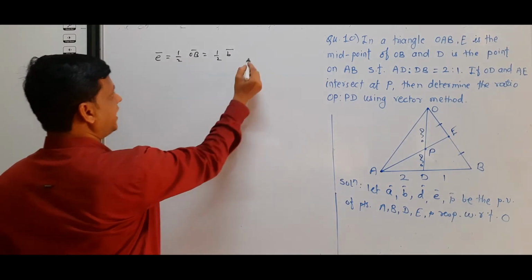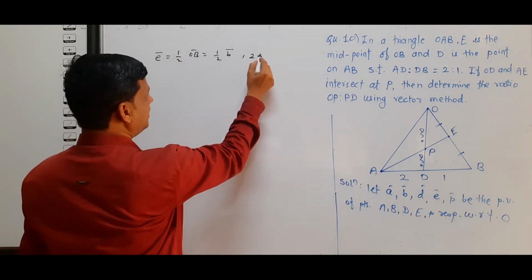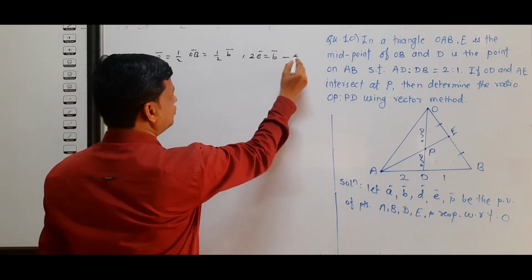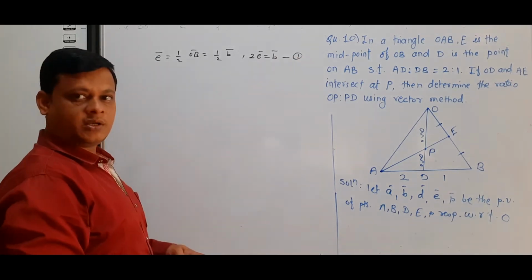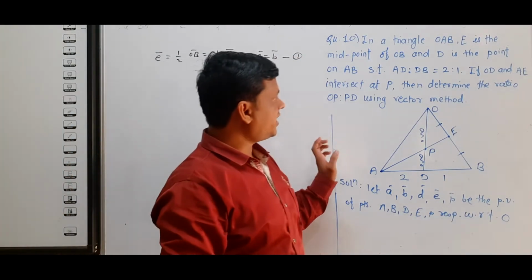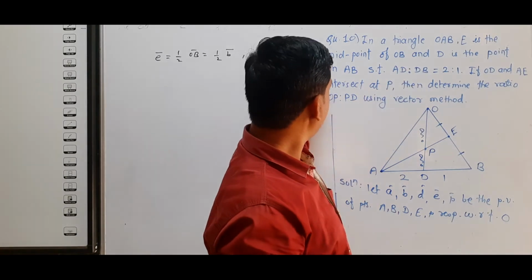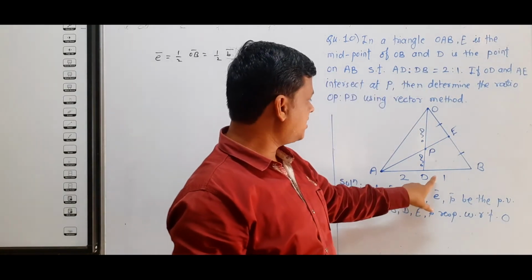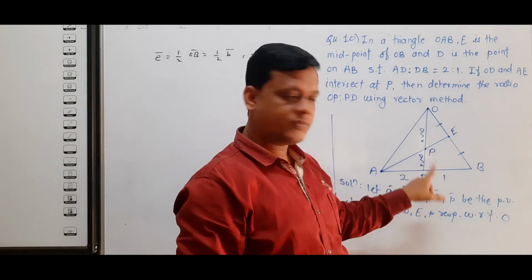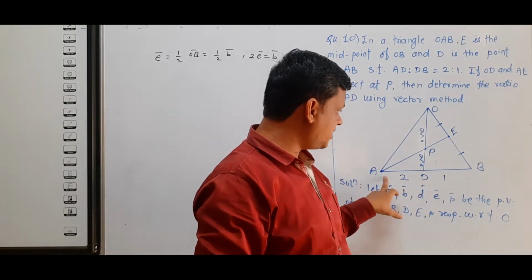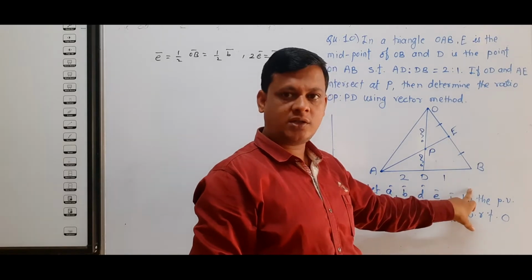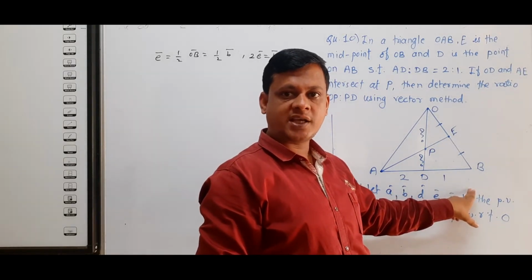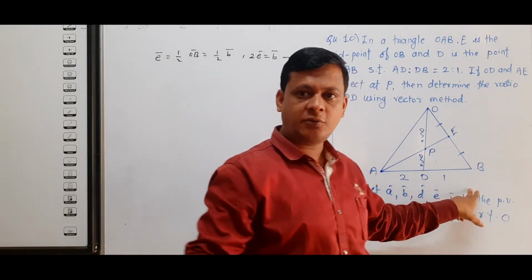So from this we write 2 E bar equals B bar. We denote this as equation number 1. Now see second, D is the point on AB. So this point D divides AB in the ratio 2 is to 1. So we use here the section formula for internal division.